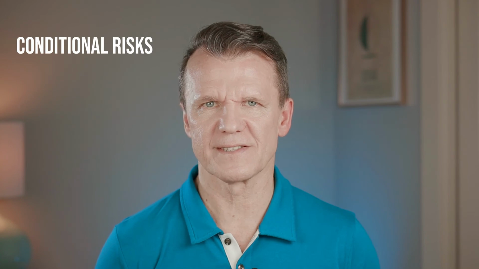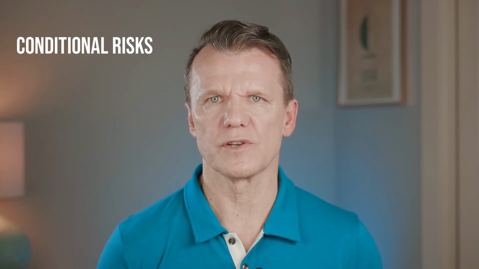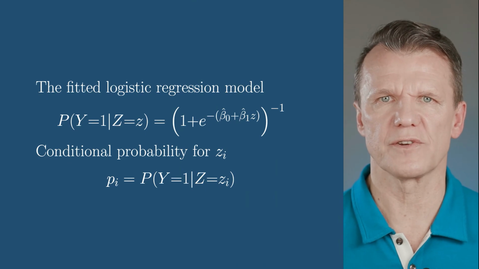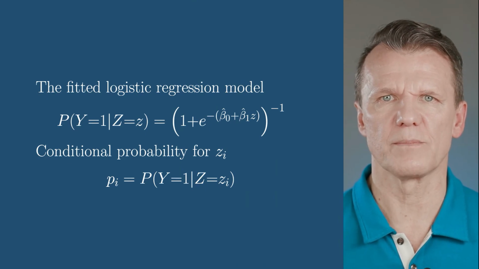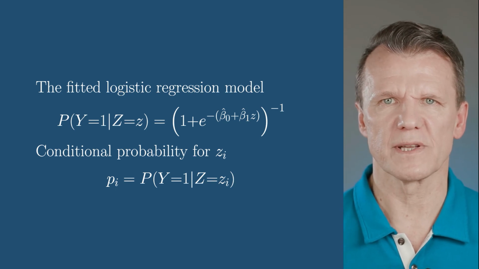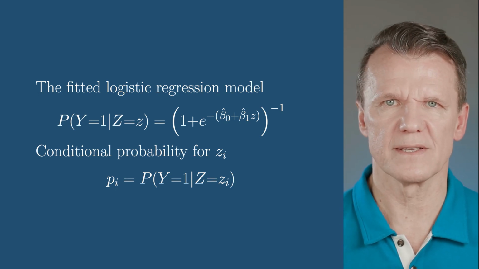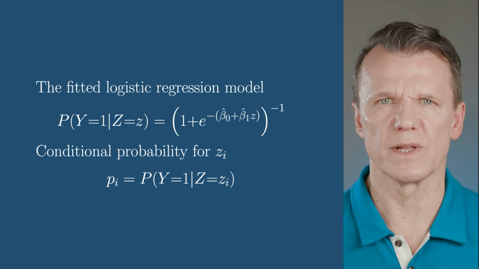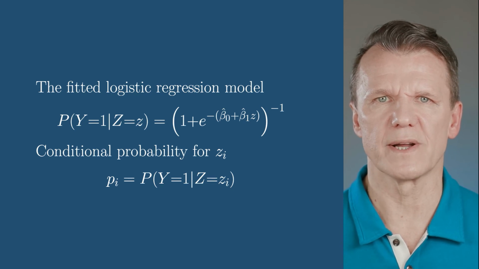And now let's turn to the averaging of conditional risks. We start by calculating conditional risks from a previously fit model. Let's say we fit a logistic regression that links the outcome probability to a single variable z. Then the probability that y is 1 given z is equal to the inverse of the exponential of negative beta naught plus beta 1 times z, all added to 1.